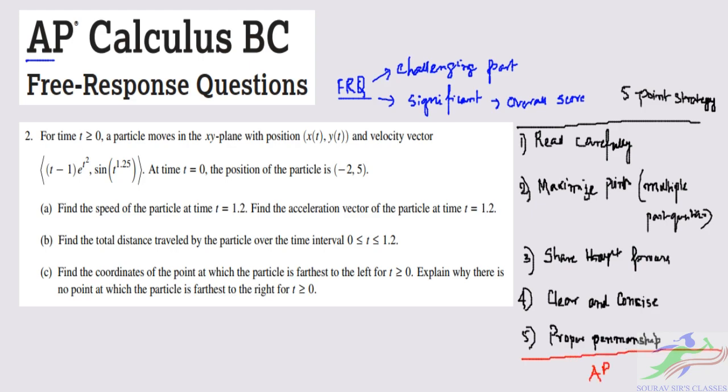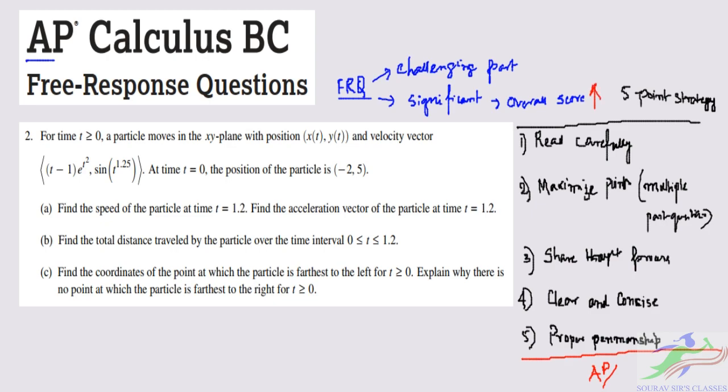Right now we are dealing with AP Calculus, but in the case of AP Biology or any other AP, it may be some sort of essay type, so we have to follow the same strategy there also. This 5-point strategy remains the same. This is all about the introduction to FRQ and how to handle it to increase your overall score.